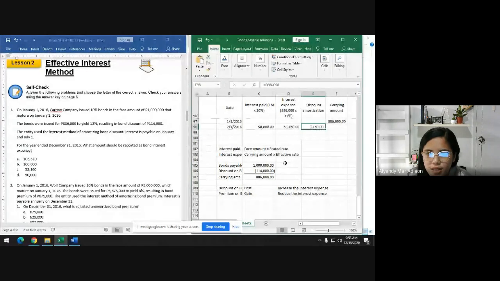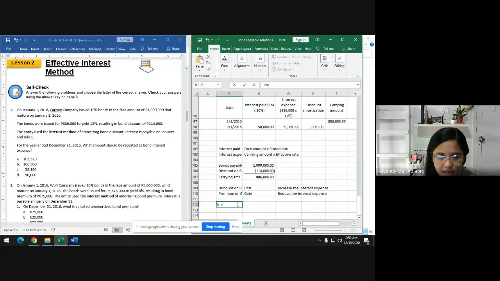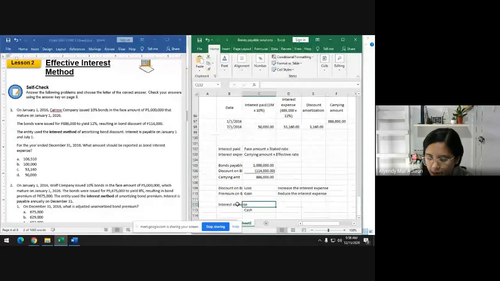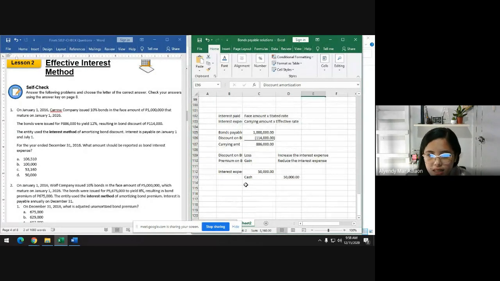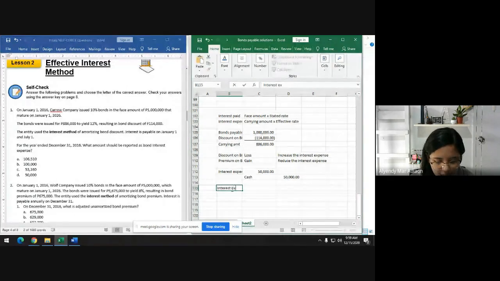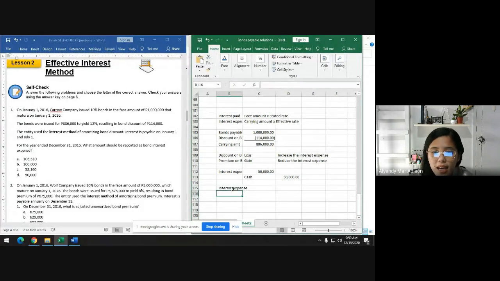So class, for the journal entry, the interest paid is normal: debit interest expense and credit cash for the actual amount paid, which is 50,000. Since because of the discount amortization our interest expense increases, the normal balance of the discount is debit. When we say amortization of the discount, the discount decreases and is added to the interest expense.